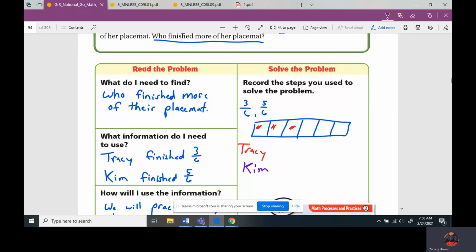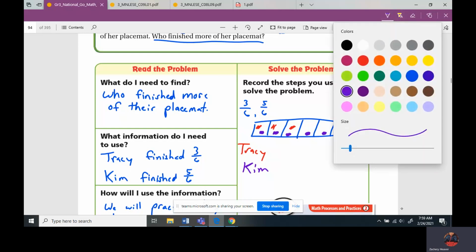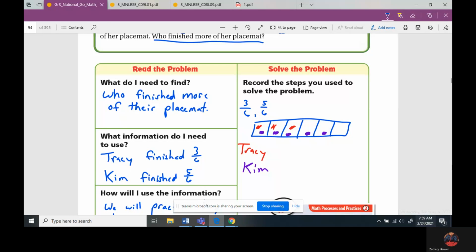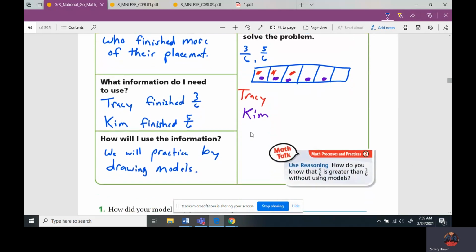They have the same pieces, so we can use the same model. Kim did 1, 2, 3, 4, and 5. So really, we can look and we can say, wow, who did more? Obviously, Kim did more. So Kim did 5/6. So I'm going to say 5/6 is greater than 3/6.